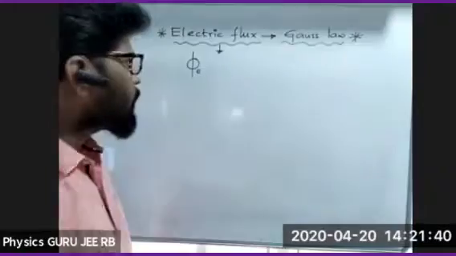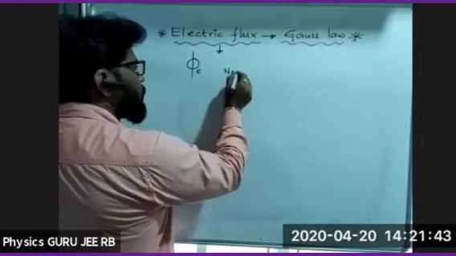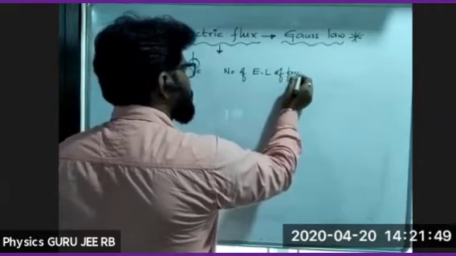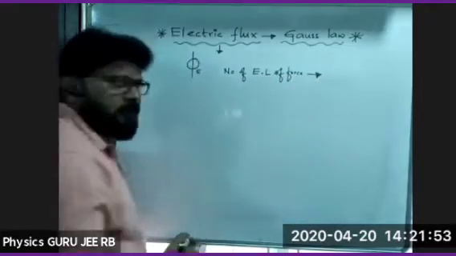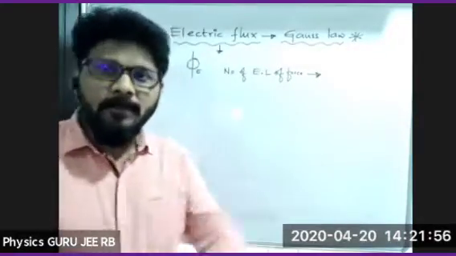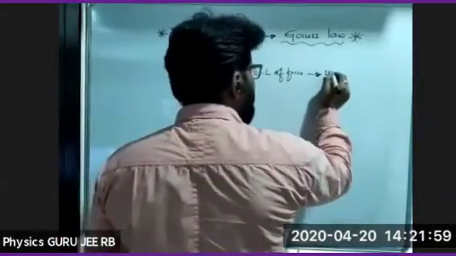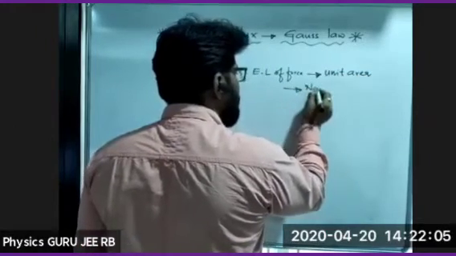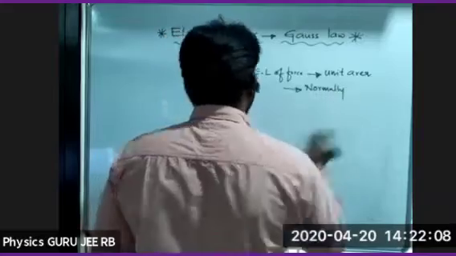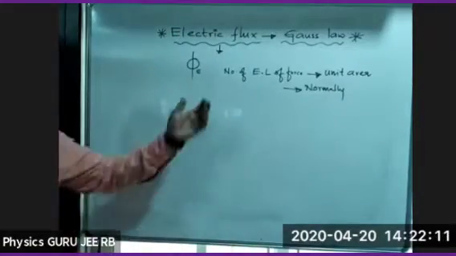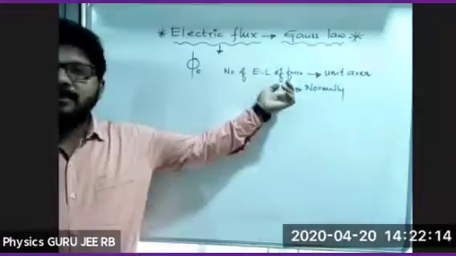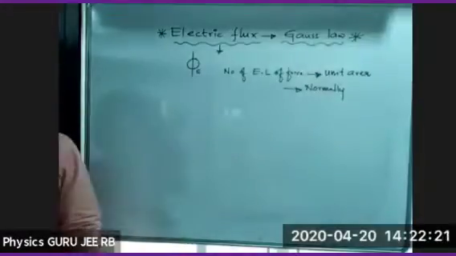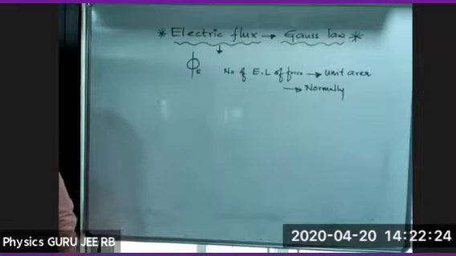So, the number of electric lines of force passing through unit area normally is called electric flux. Is it clear?